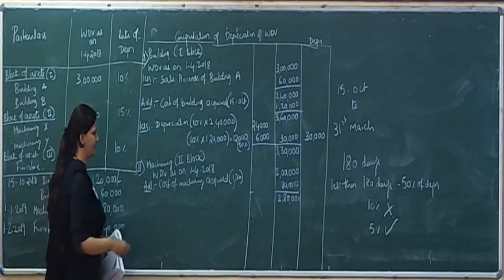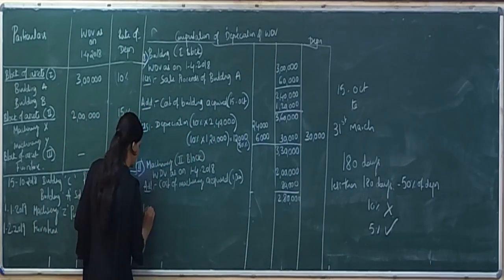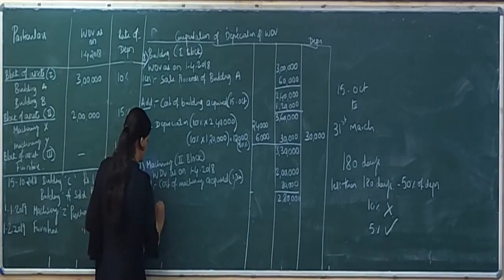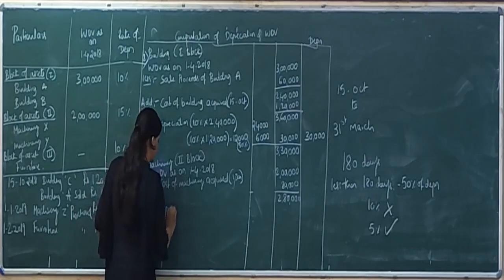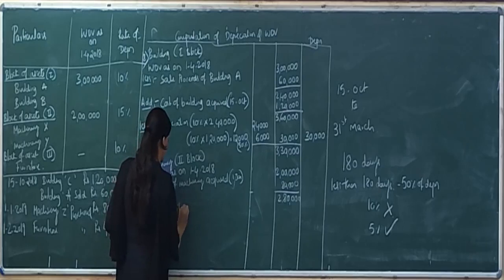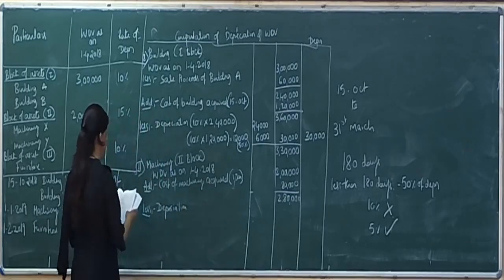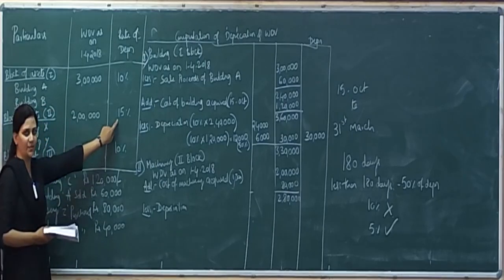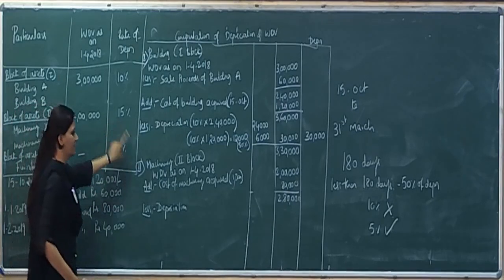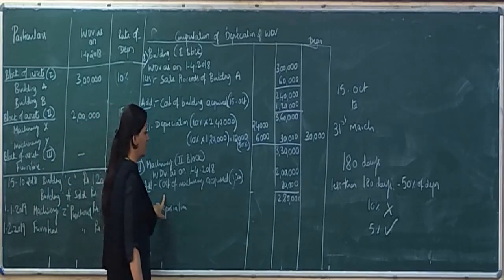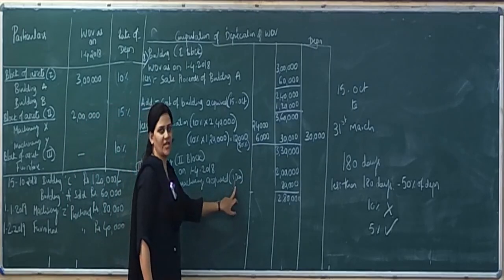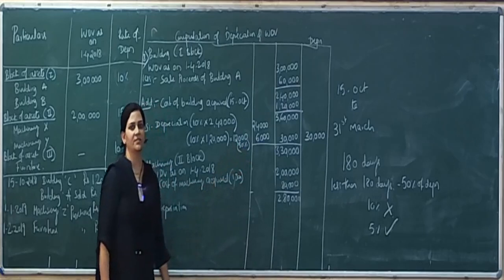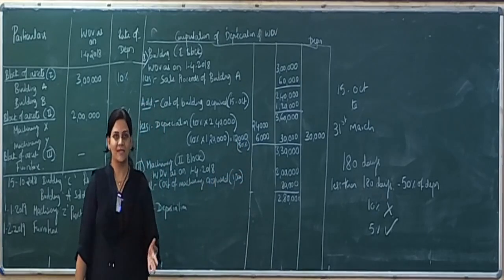Right? On this we are going to provide the depreciation. So now here we can see the depreciation is 15%, right? And when it was acquired on 1st Jan. So 1st Jan to 31st March.